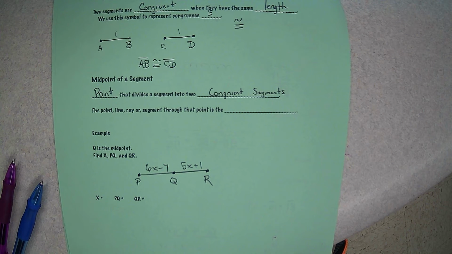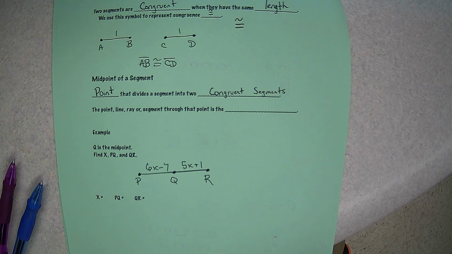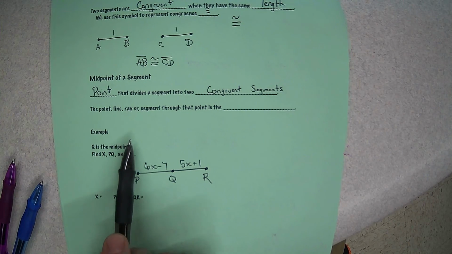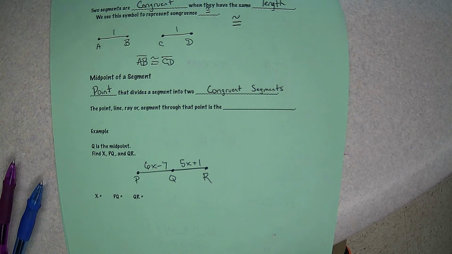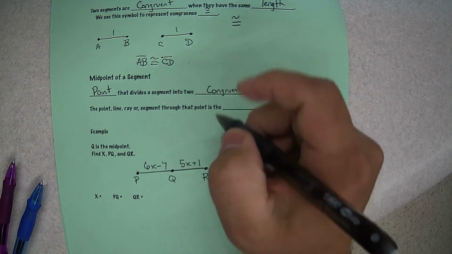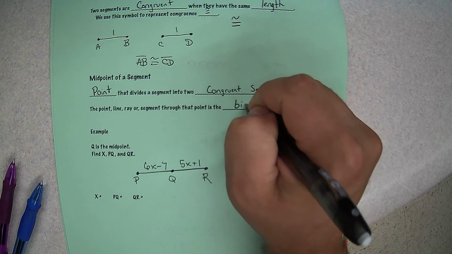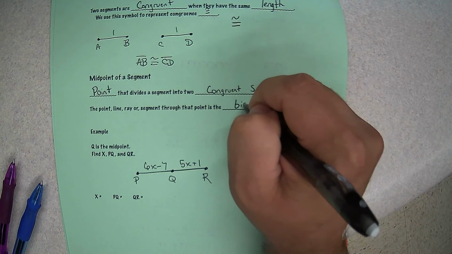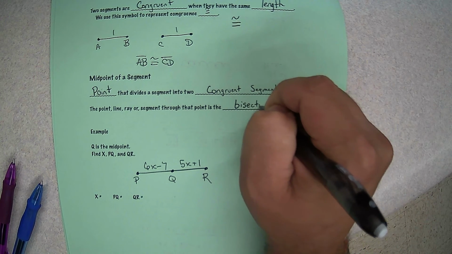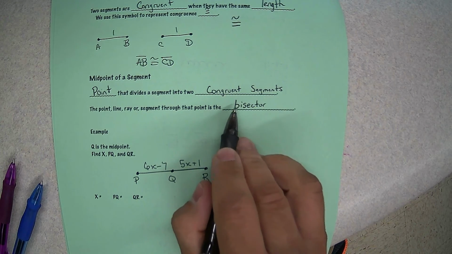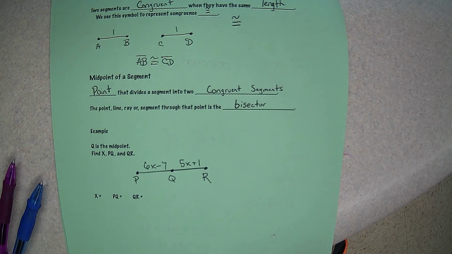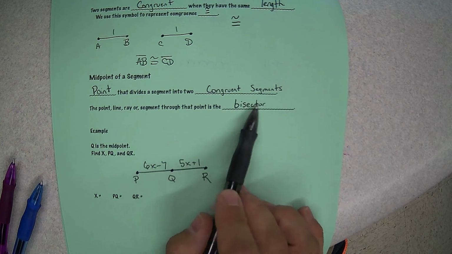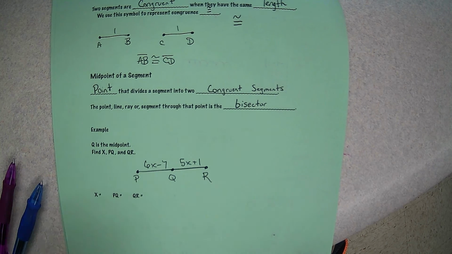It's a point that cuts the segment in half into two equal segments, or congruent segments that have the same length. And the point, line, ray, or segment that goes through that point, we call the bisector. We're going to be talking about that throughout this. Bisector means the bi is cutting in half, or two, in sector, so it's cutting it into two sections that are equal.